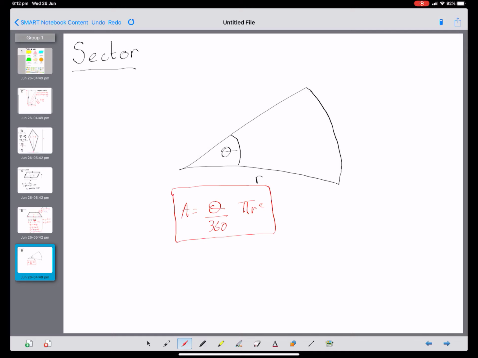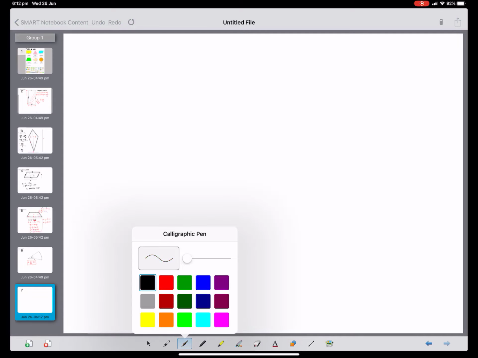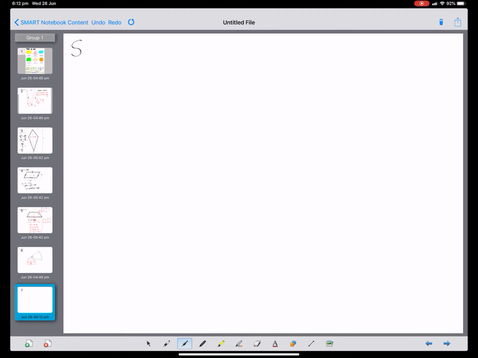Okay, so you should have done that now. So let's have a look how we come up with the area of a sector is equal to theta divided by 360 multiplied by pi r squared. Okay, so sector.